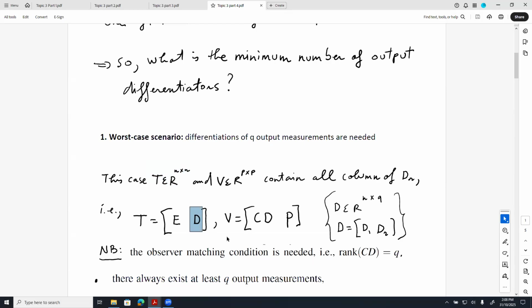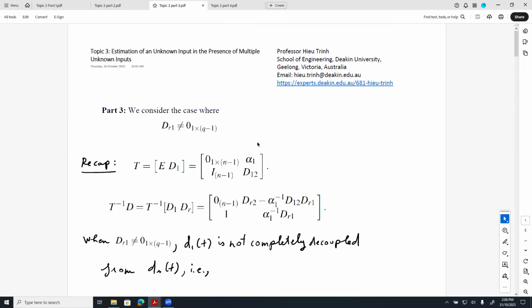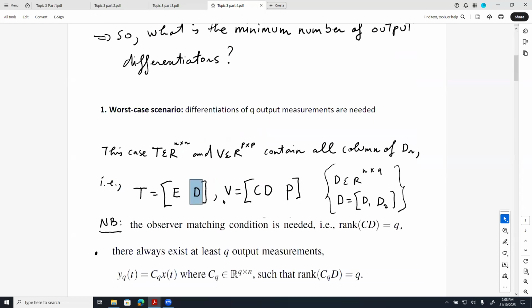Instead of, like in the previous section, where we just pick one output differentiator, in here we have to include all the columns, the entire matrix D. And the matrix V contains again the entire matrix D in there.